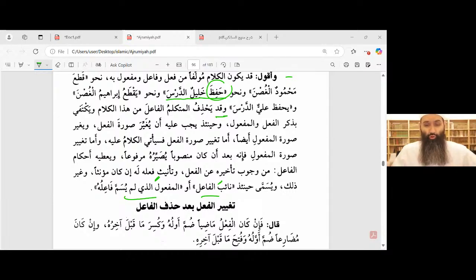We don't need to go into hardly any details today. Why? Because na'ibul fa'il takes all the ahkam, all the rulings, all the i'rab of the fa'il. And this is why we looked at the fa'il in great detail. So today we don't need to go into more details, because whatever applied there applies here. It's straightforward, inshallah.